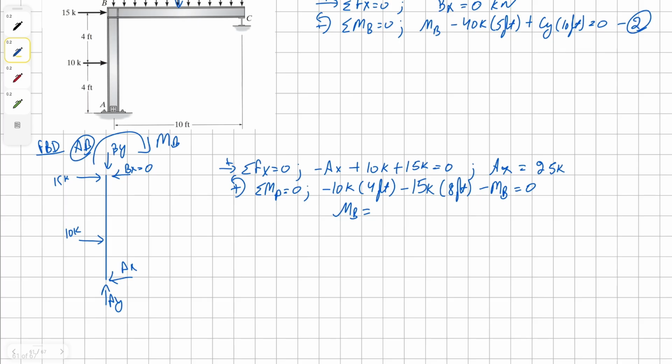Solving for moment B, we get our solution as negative 160,000 pound-feet. We can either have it as clockwise on the diagram or we can shift it. Either way, we'll have to use this value.